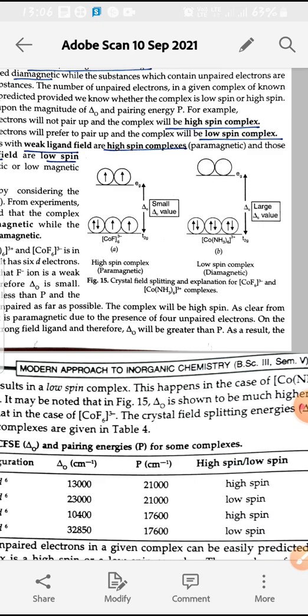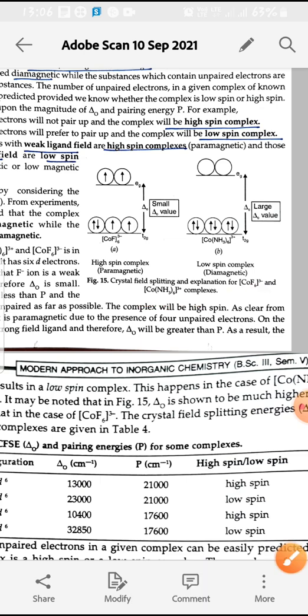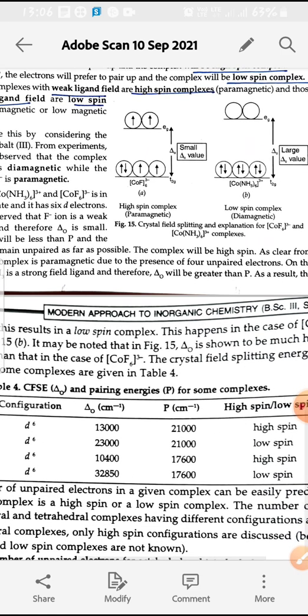For example, take the cobalt ammonia complex and CoF6 3-. In both complexes cobalt is in the +3 oxidation state. Cobalt has atomic number 27, with configuration 3d7 4s2. In the +3 oxidation state, electrons are removed from 4s and 3d, giving the configuration 3d6.